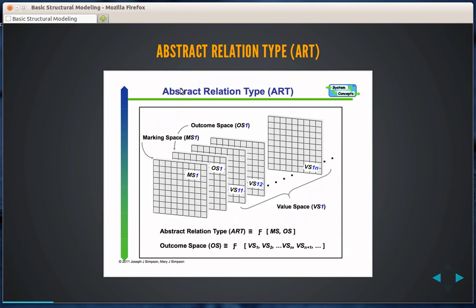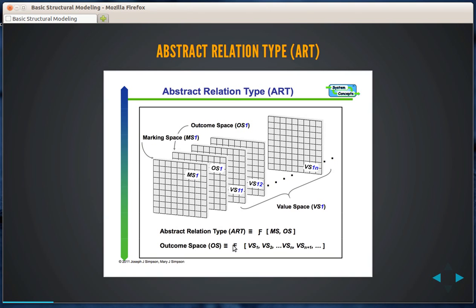The abstract relation type was created by the authors to help organize and communicate the processes and procedures necessary to deal with basic structural modeling, interpretive structural modeling, and structural integration modeling.